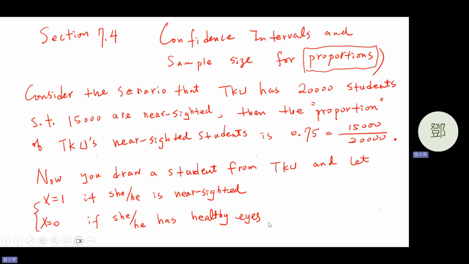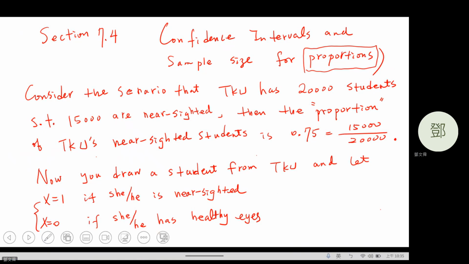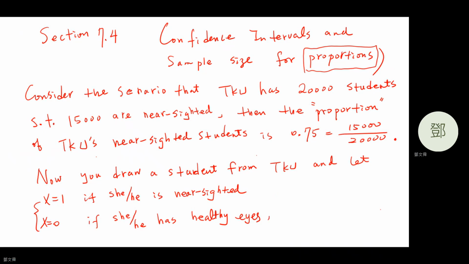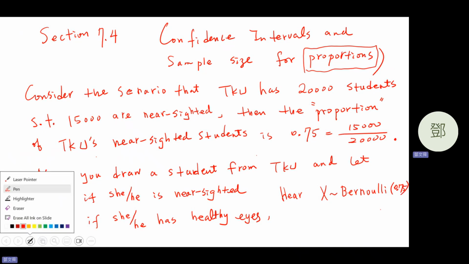And X has Bernoulli distribution with parameter 0.75.